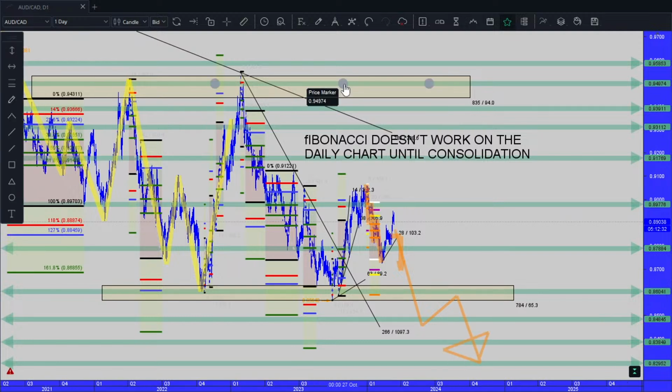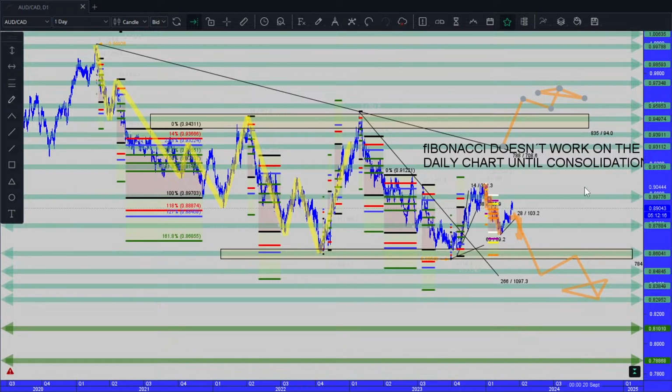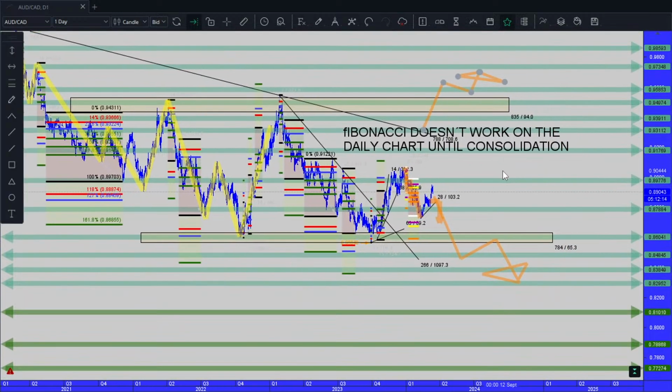Or do you believe that the market is going to break out of consolidation? Alright everybody? If Fibonacci determines trend direction 7 times out of 10, AUD on the daily chart, and you can call me out anytime, I'm telling you this market is going to break out of consolidation on the downside.